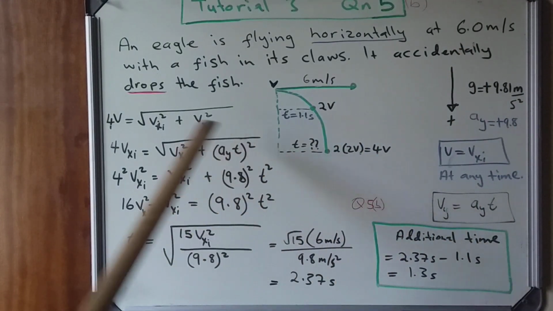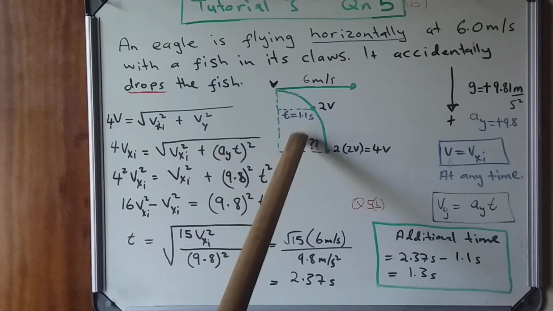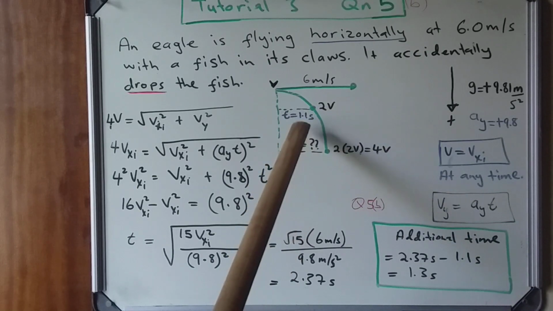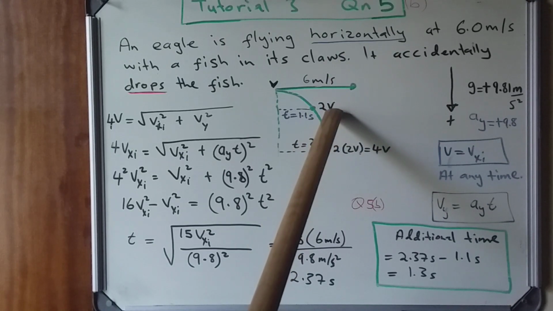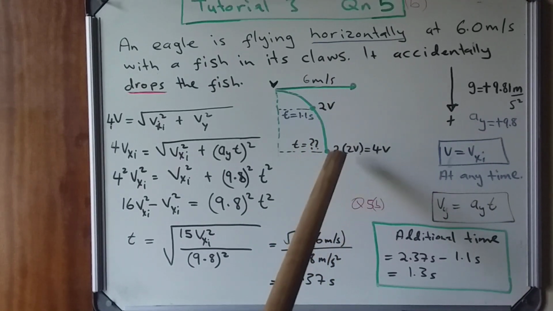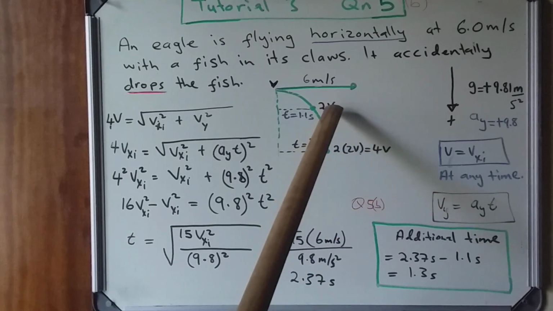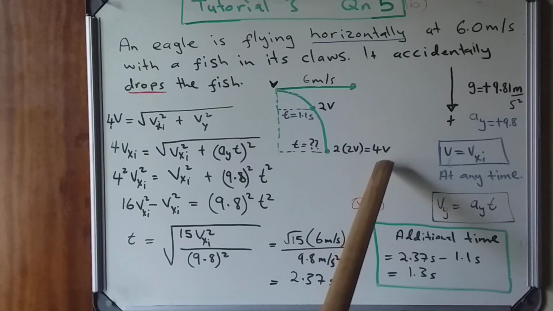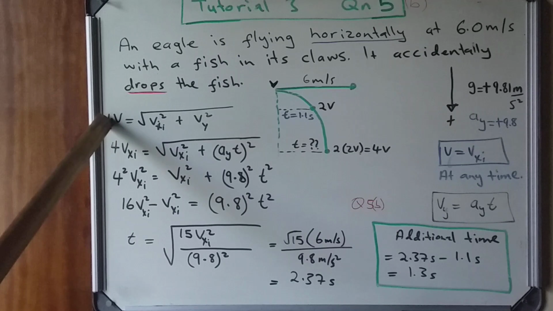All right. But this time, since we have already calculated the time when the speed had doubled, we found it was 1.1 seconds. So now we want to find out what will be the time when the speed had doubled again from 2v to 4v. Remember the speed is represented by v, without the 4.